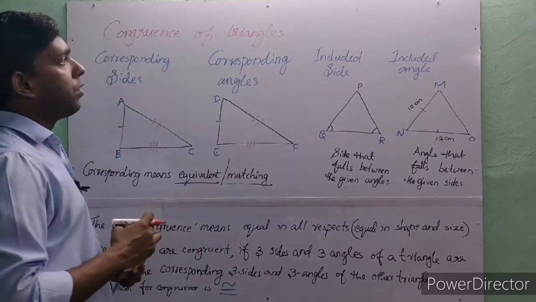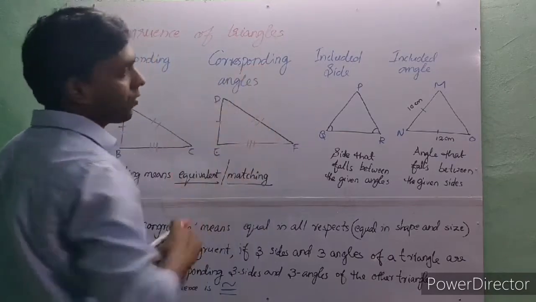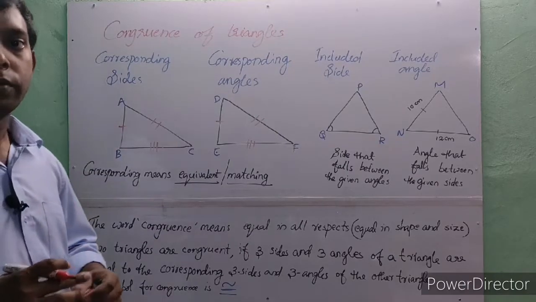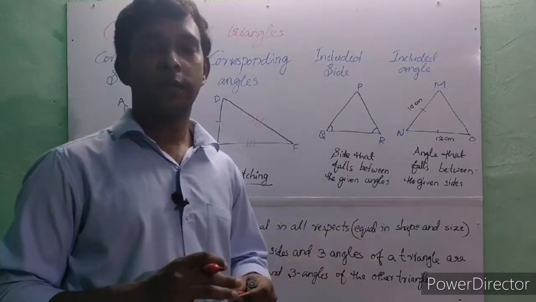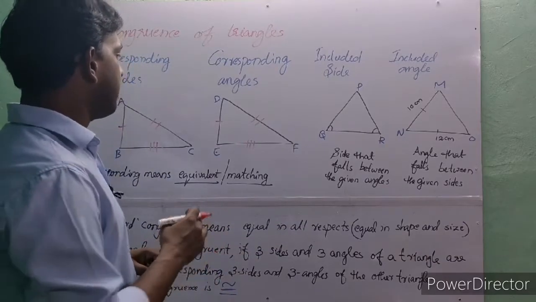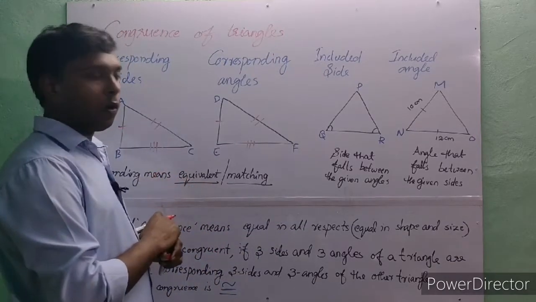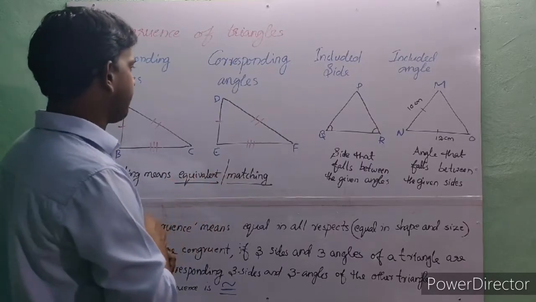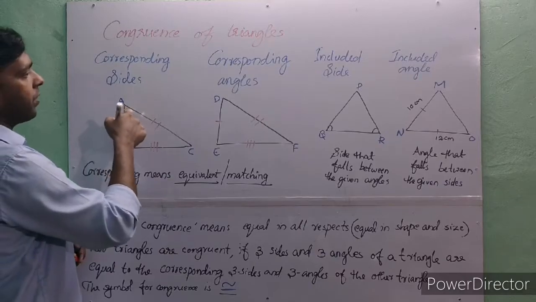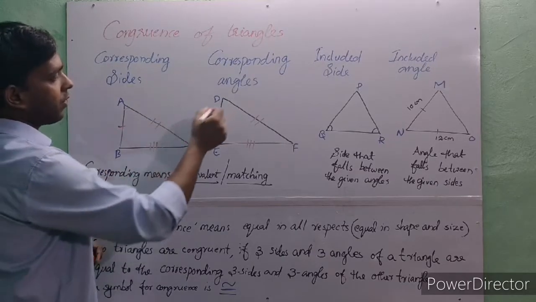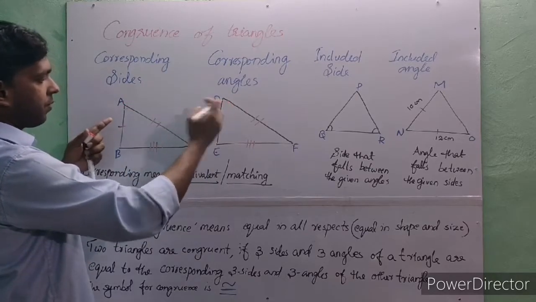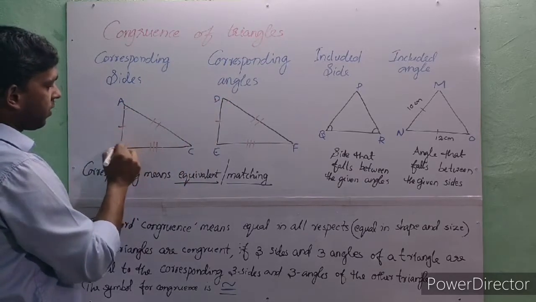So let's now look into corresponding angles. Just as I have explained to you sides, just replace the word side with angle. So corresponding angles means equivalent angles or matching angles. So what could be the matching angle of this when it comes to this triangle? The matching angle is this. What could be the matching angle here?